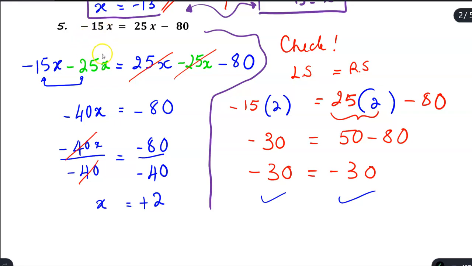Whatever term does not involve x, you put on the right-hand side. Okay, so this one will give you just one operation. You get rid of the 25 by subtracting 25 on both sides. Then you have x on this side of the equation. Then perform the basic opposite operation in order to solve for x. Okay, solving for x means you just have one x.